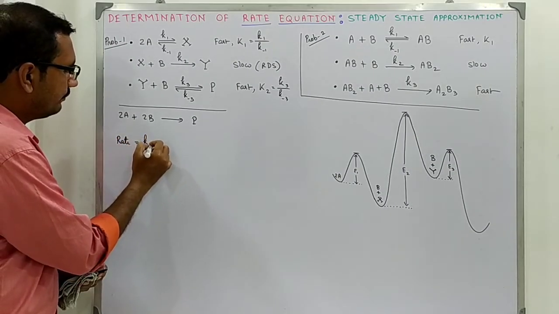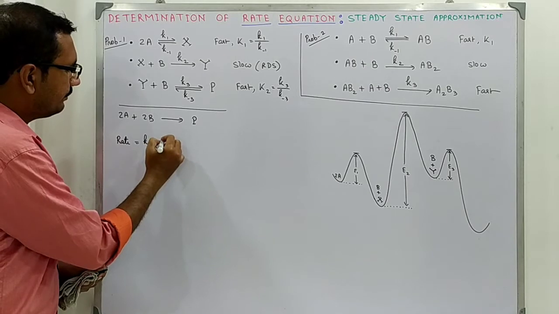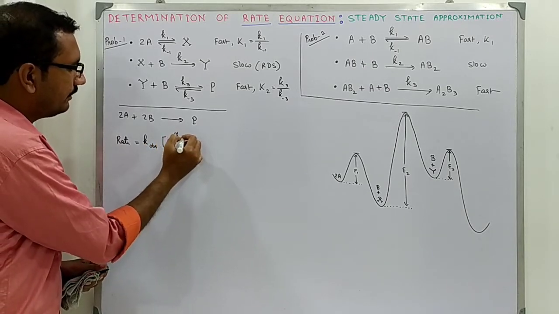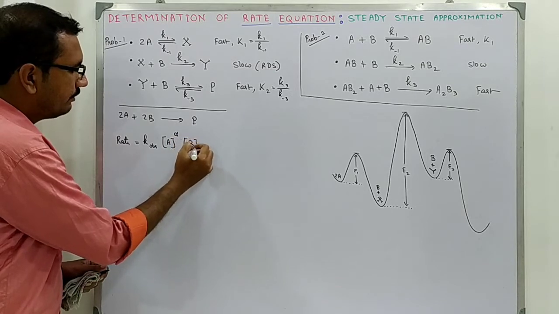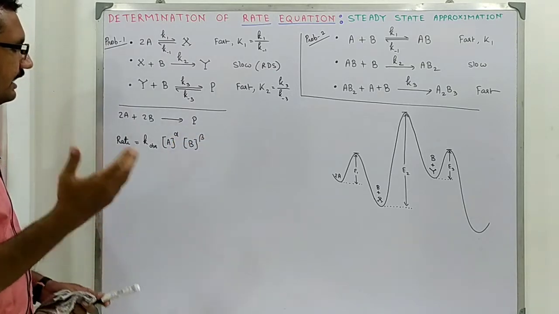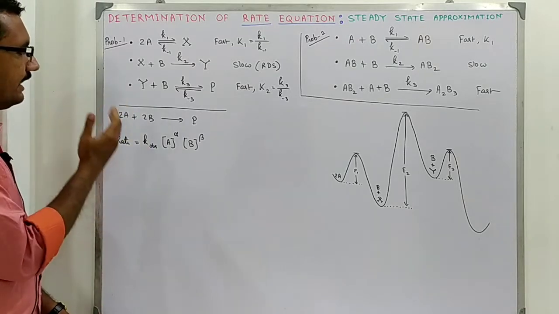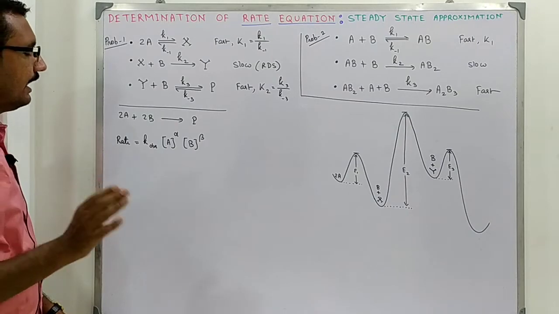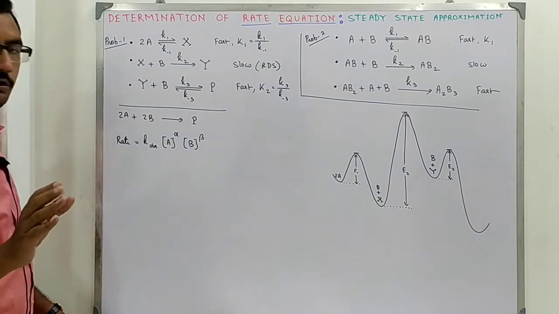Rate equals k observed into concentration of A to the power alpha into concentration of B to the power beta, where alpha is the order of the reaction with respect to reactant A and beta is the order with respect to reactant B, and alpha plus beta is the overall order of the reaction.